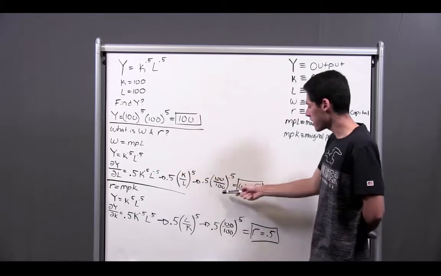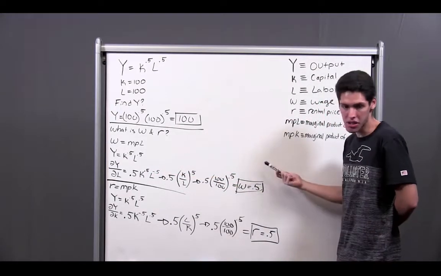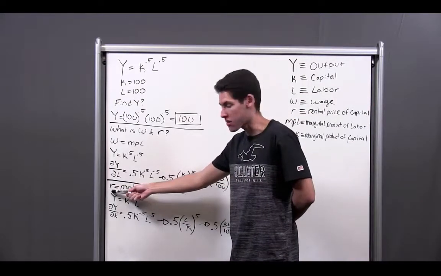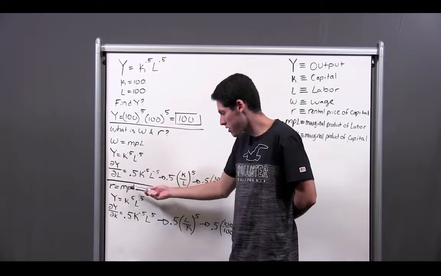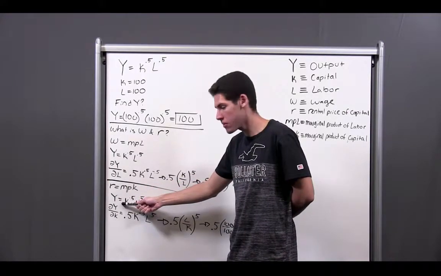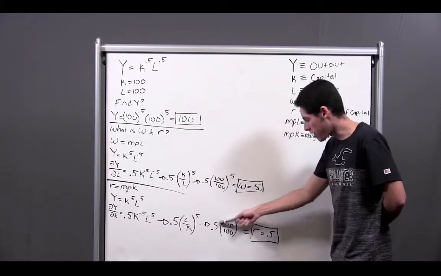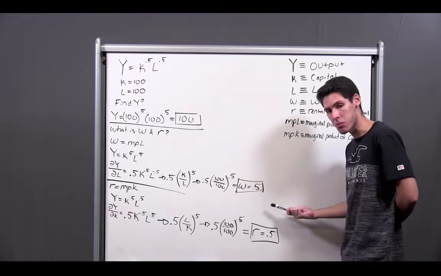Doing that whole process and plugging in our values here, we can find that wage is equal to 0.5. To find the rental price of capital, the same rule applies. It should be the marginal product of capital, which is the derivative of the production function with respect to capital. We take our derivative, plug in our values, and boom, we find that R is also equal to 0.5.